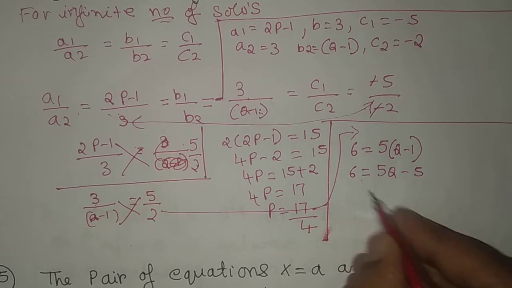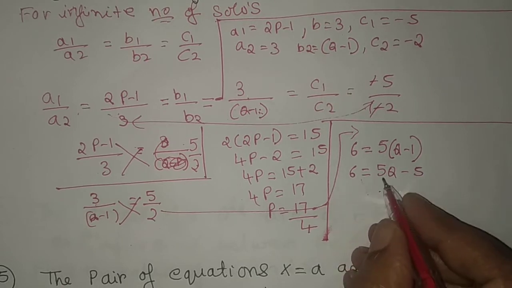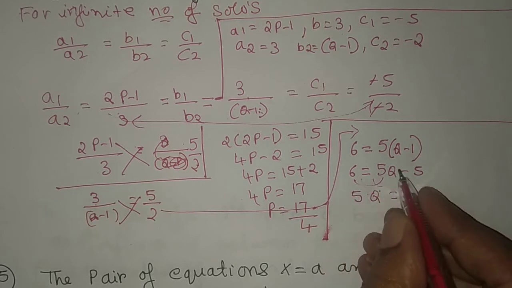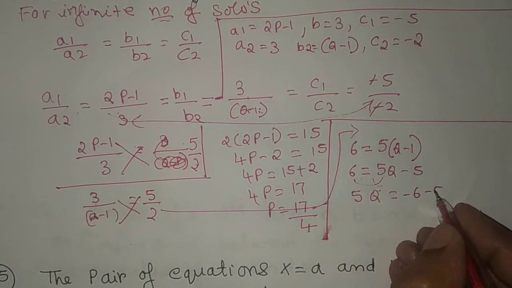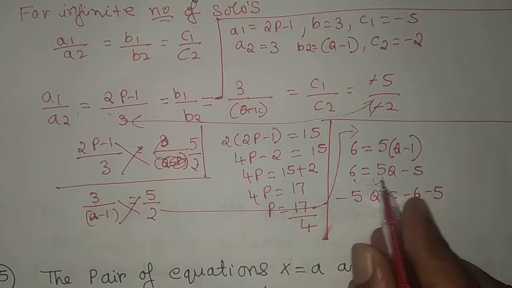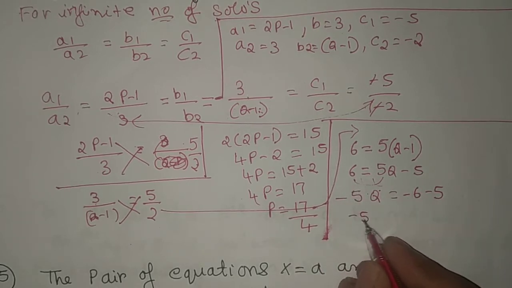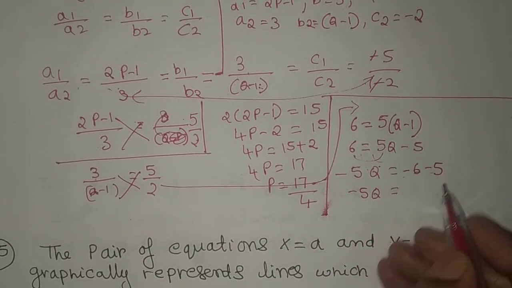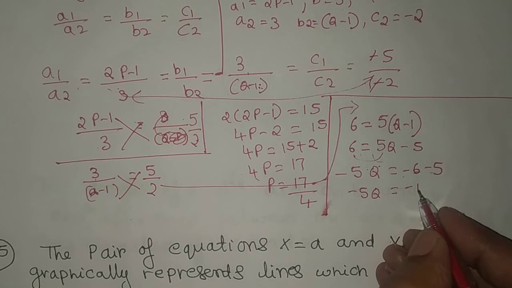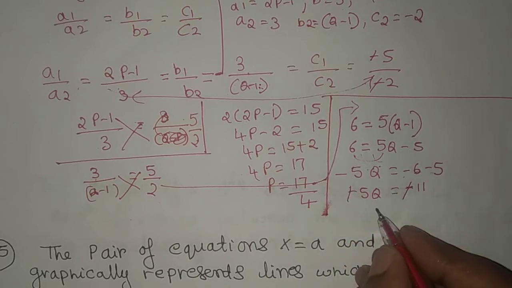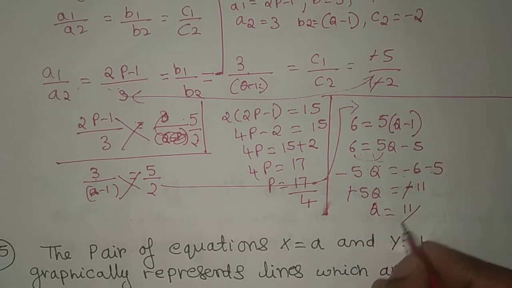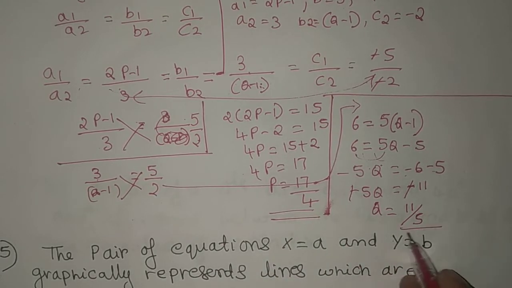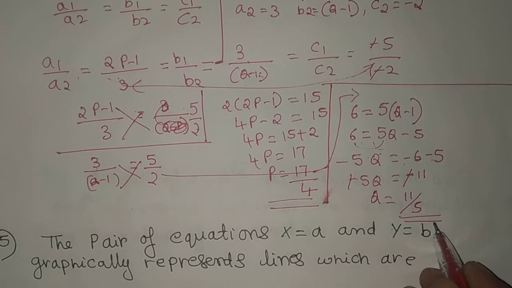Bring these to this side: 5Q is equal to minus 6 minus 5. So 5Q is equal to minus 11. Minus minus cancel. Q is equal to 11 by 5. So we got P as 17 by 4 and Q as 11 by 5.